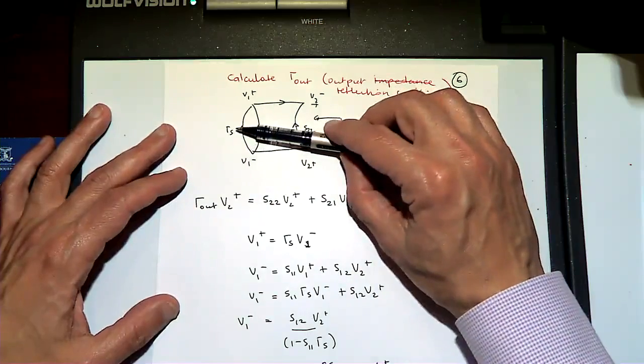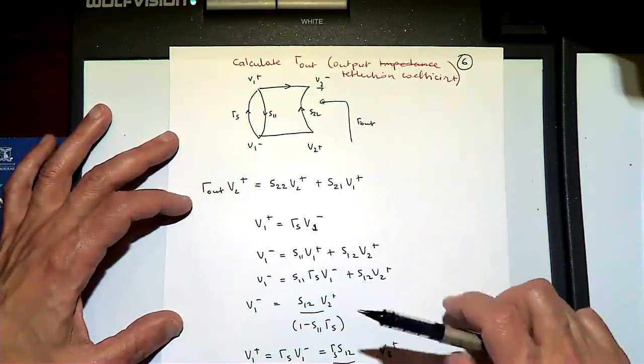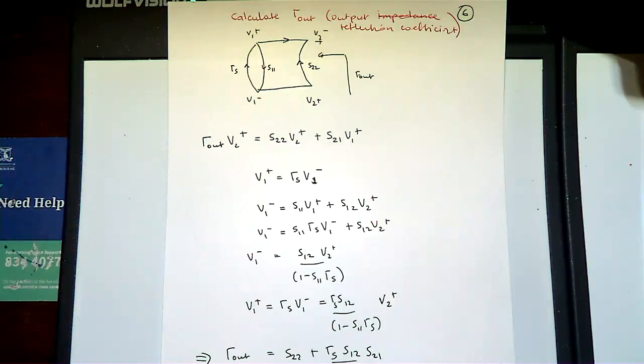And here I've written it in terms of gamma source, and once you go through the whole calculation, what you're able to show is gamma out is equal to S22 plus gamma S S12 S21 on 1 minus S11 gamma S. Now, this is showing you the relationships between the input reflection coefficient and the output reflection coefficient in terms of the reflection coefficients at the source and at the load, and also the scattering parameters of the network that you have between the source and the load.